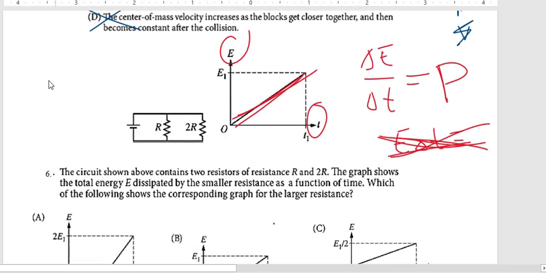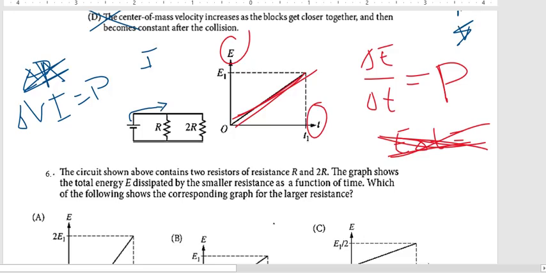Well, let's look at this. Power is the VIP room, if you'll recall. Oh, sorry. Potential difference times current equals power. So here is what we know about this. This current splits up right here, and current is inversely proportional to resistance.